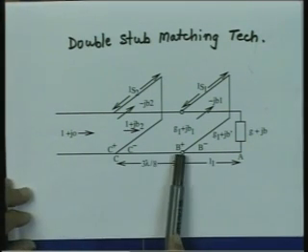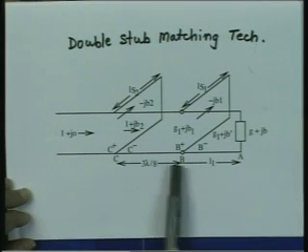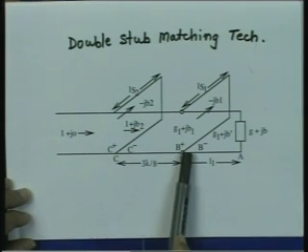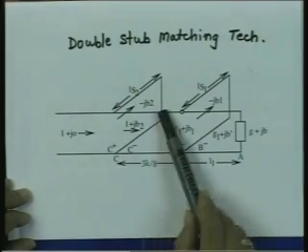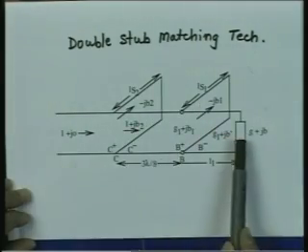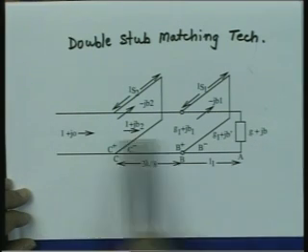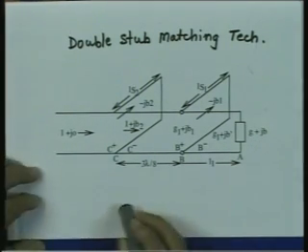The location of the first stub L1 is fixed, the separation between these two stubs is fixed, and by changing just the lengths of these two, LS1 and LS2, we do the matching of the load to the characteristic impedance. Let us see how we do that.